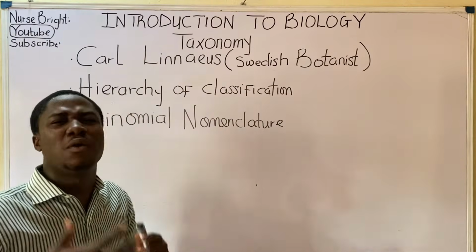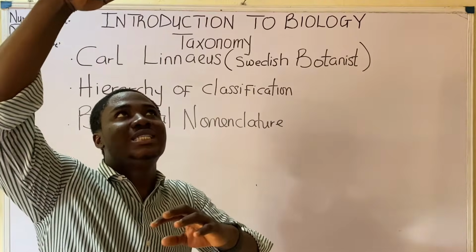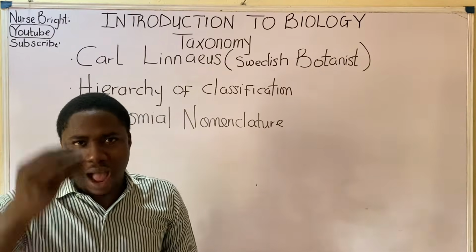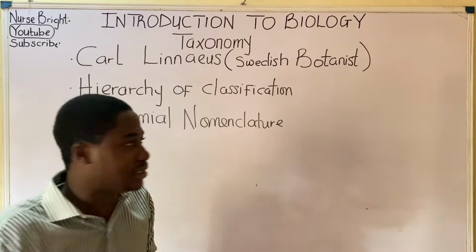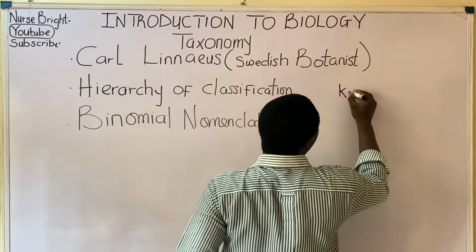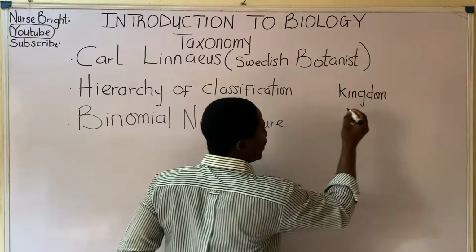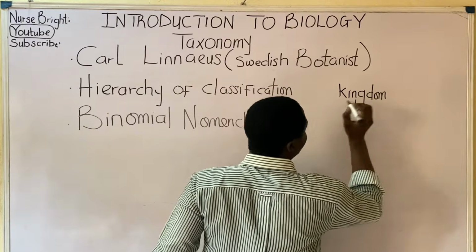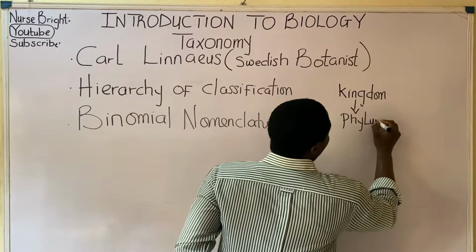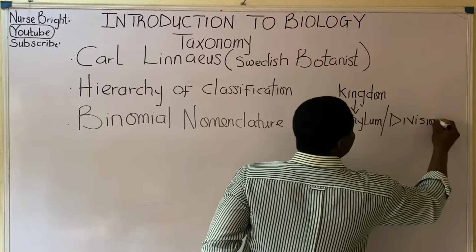What is hierarchy of classification? Hierarchy has to do with how organisms are arranged in hierarchy. I believe you understand what the word hierarchy means. So hierarchy of classification begins with what we call kingdom. Note it. I'm going to explain them. After kingdom, we move further to phylum, also called division.